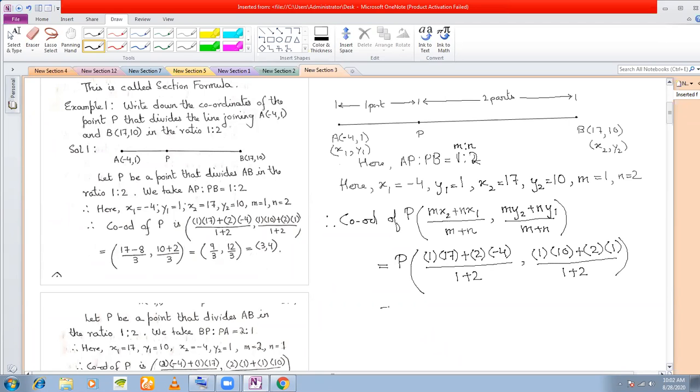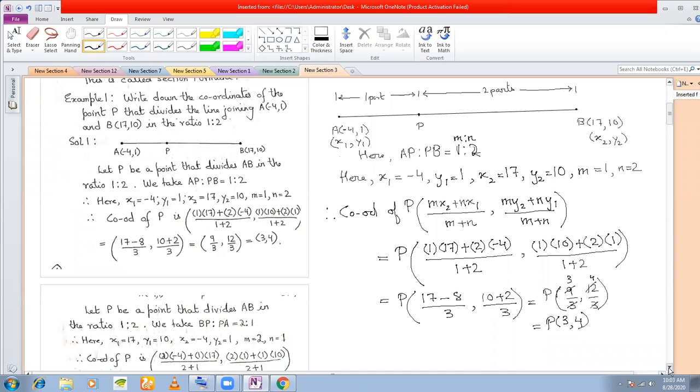This now will give our coordinates of P. We simplify this. 17 minus 8 by 3, 10 plus 2 by 3 is equal to P, 9 by 3, and this is 12 by 3. This cancels 3 times, this cancels 4 times. The coordinates of P we have found out to be 3, 4.